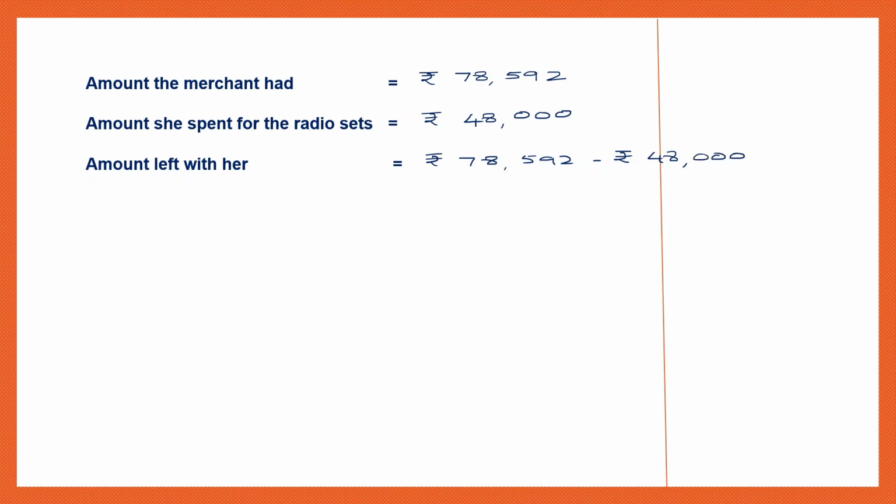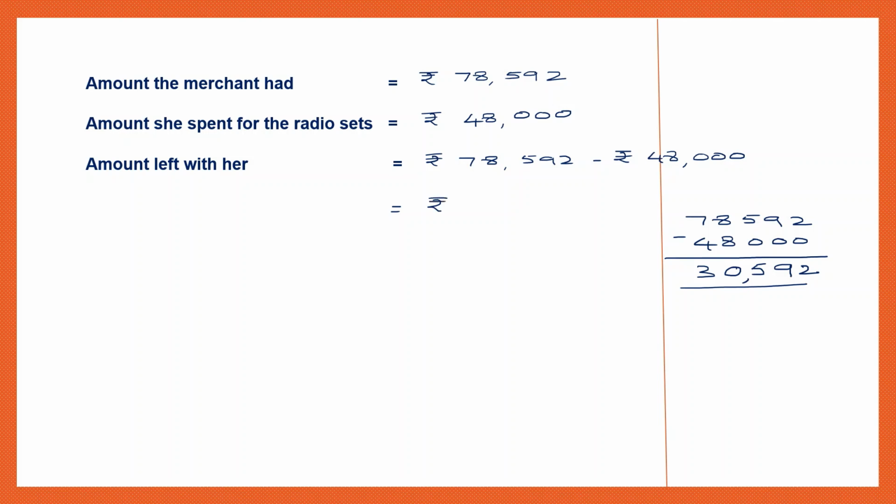So let's do that subtraction. 78,592 and then we subtract 48,000 from it. Okay, so let's begin the subtraction now. 2, 9 minus 0 is 9, 5 minus 0 is 5, 8 minus 8 is 0 and 7 minus 4 is 3. So 30,592.